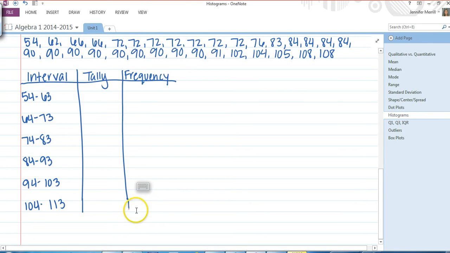Now I'm going to tally them. So if I'm going from 54 to 63, I'm going to end up with 2. 64 to 73, 1, 2, 3, 4, 5, 6, 7, 8, 9. End up with 9.